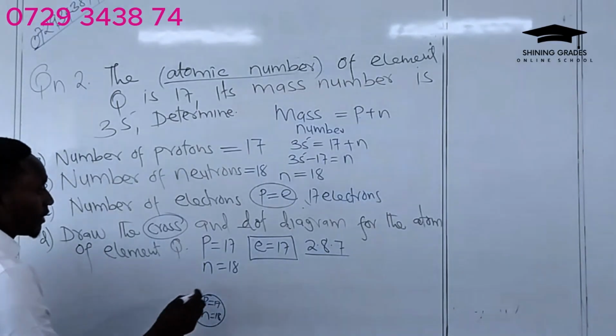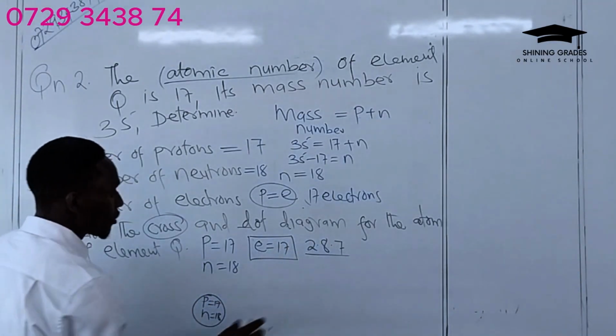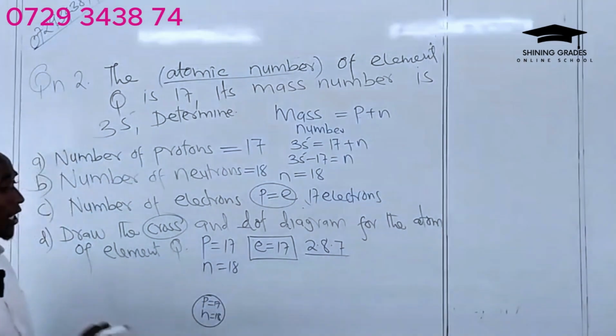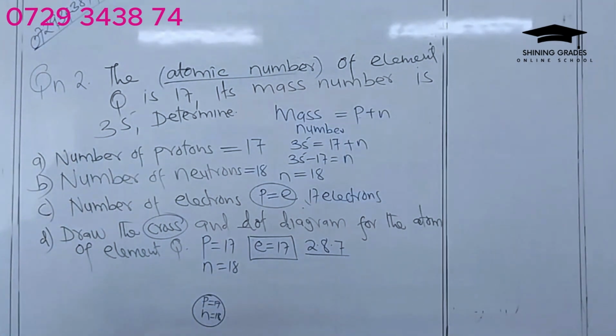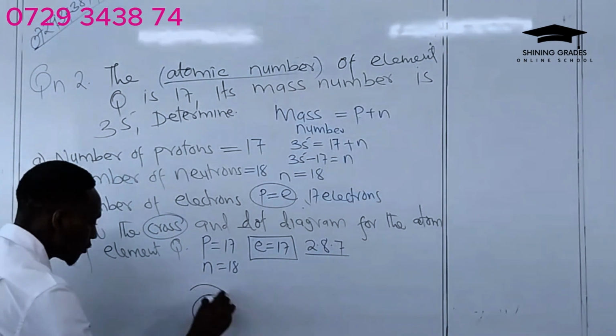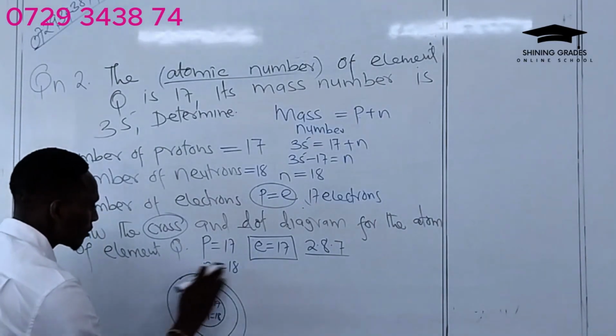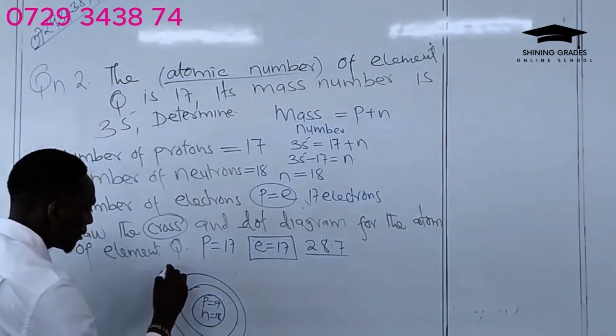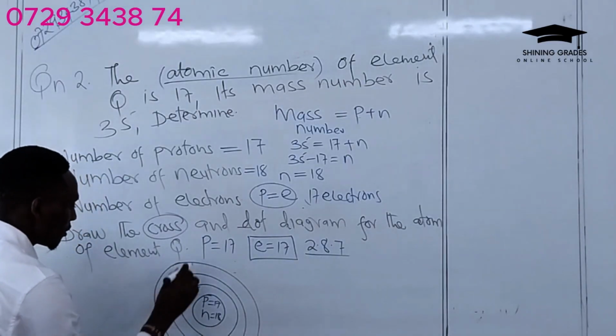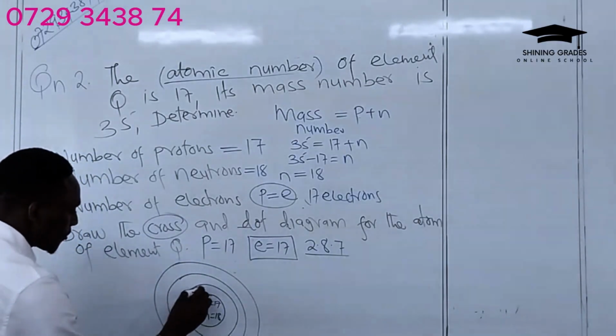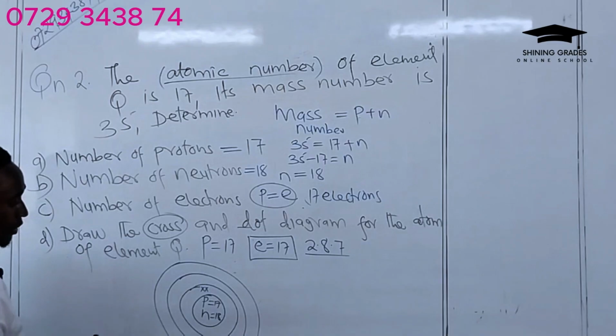From there, I look at the configuration and I realize that I have 3 occupied energy levels. So I have now to draw the 3 energy levels. The first one carries a maximum of 2, so we have 2 electrons.